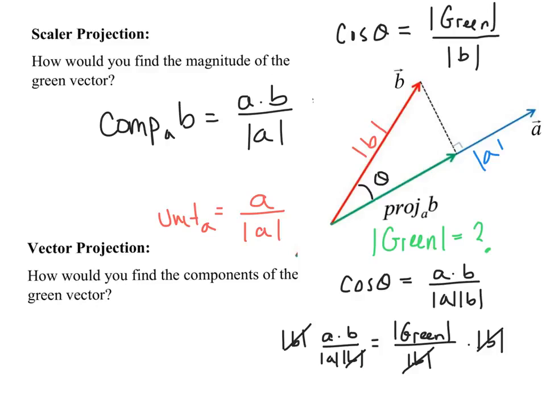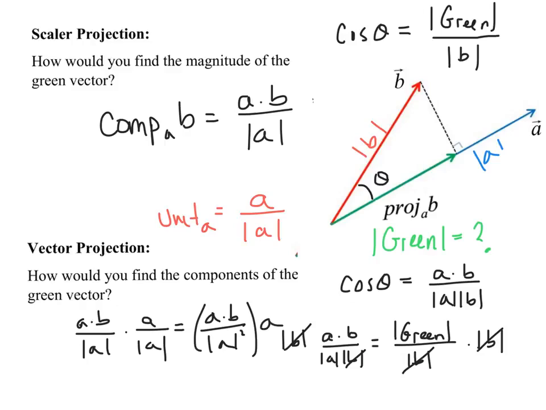So imagine you do that: A dot B over magnitude A, multiplied by A over magnitude A. So the formula simplifies to A dot B over magnitude A squared times vector A. And I'll do an example to show you how that works. And this is the actual components, because we're just multiplying a vector by a scalar, that make up the green.